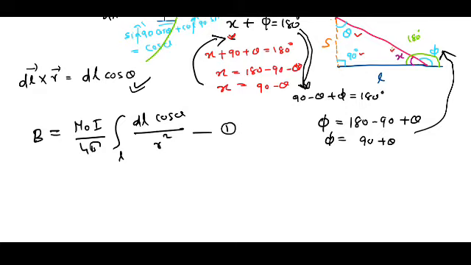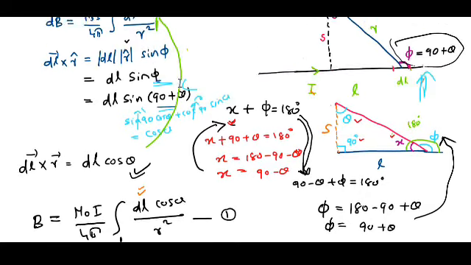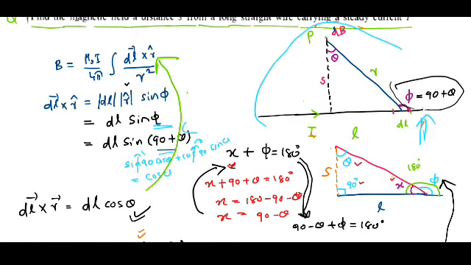Here I will do a little more algebra, and also I will find a substitution for this dl. If you refer to the figure, it is clear that cos theta, the cosine of this angle theta, is adjacent side by hypotenuse, S by r.